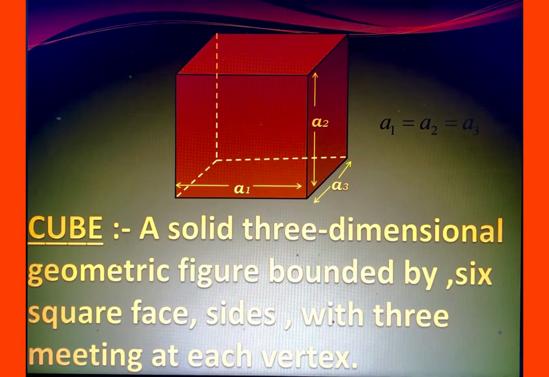And if we take A1 is length, A2 is height and A3 is breadth, and if A1 equal to A2 equal to A3, that is length, breadth and height are equal, then we can say that this geometrical shape is a cube. So how can we find the total surface area of cube?